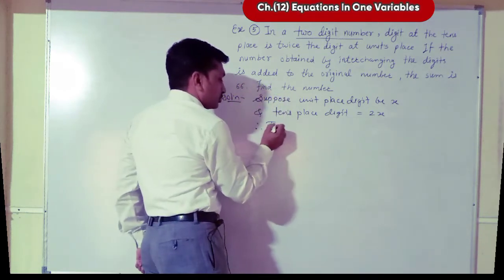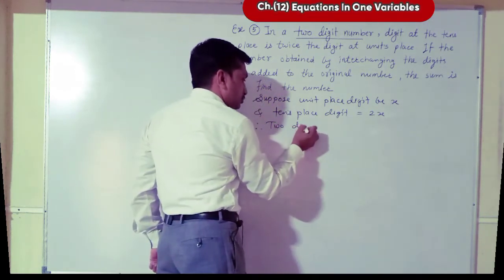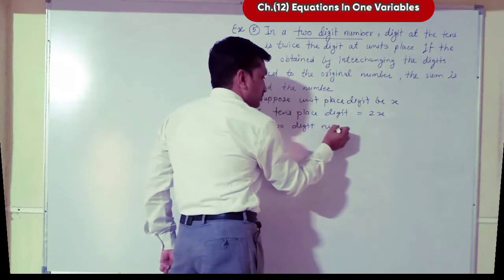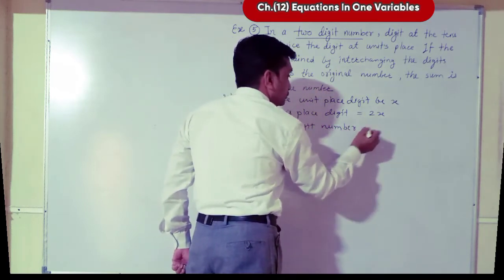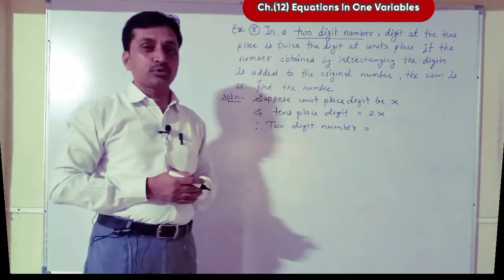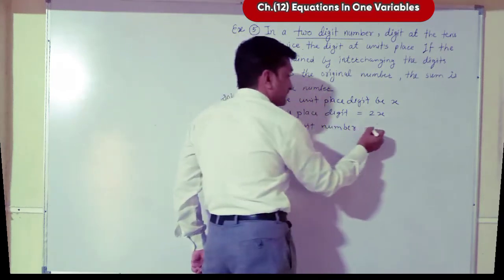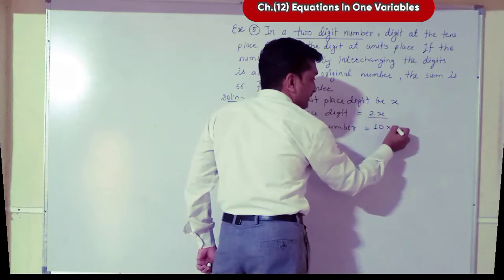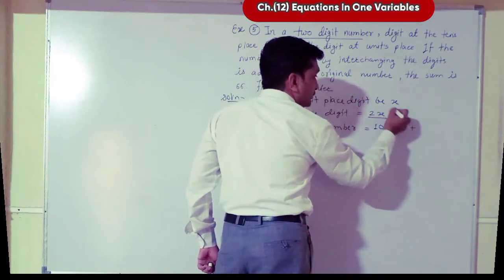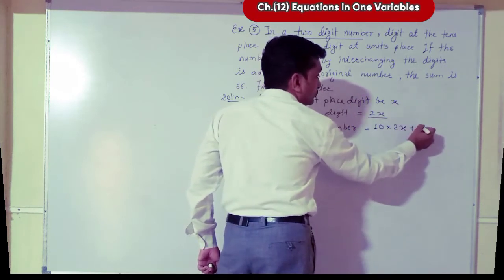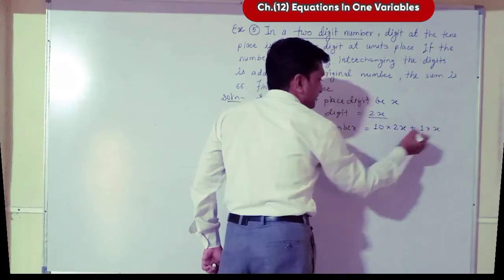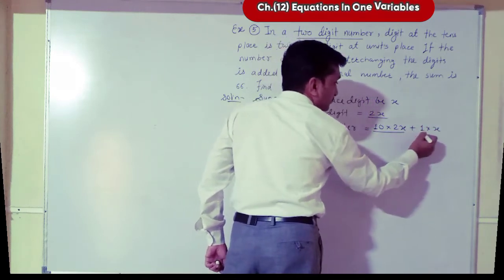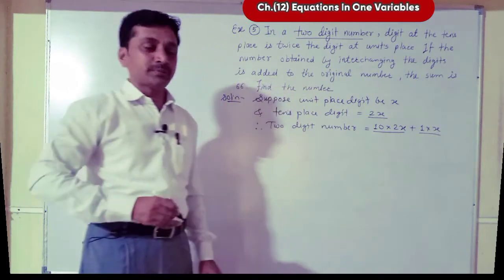Therefore, what will be the two-digit number? Two-digit number is equal to, now we know how to form a two-digit number: 10 into tens place plus 1 into unit place.